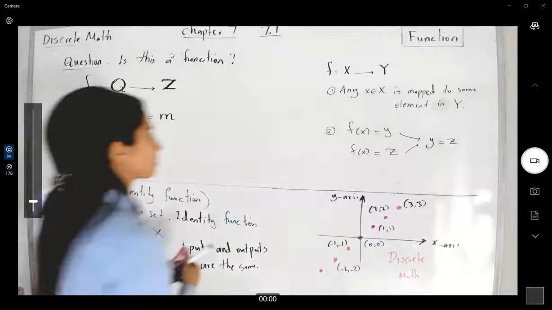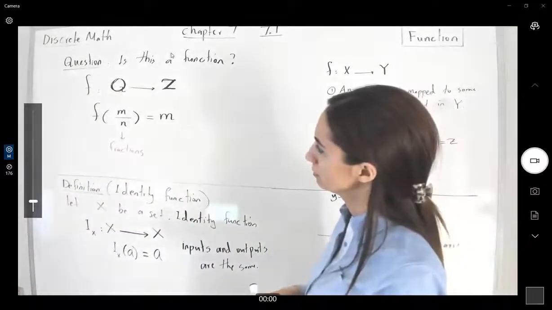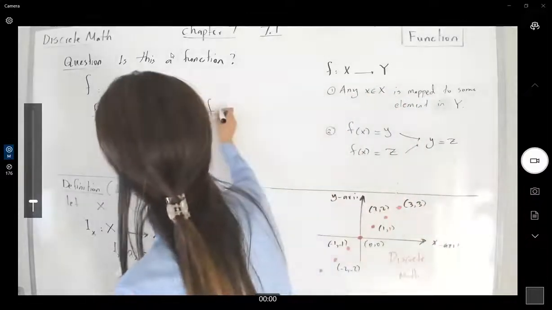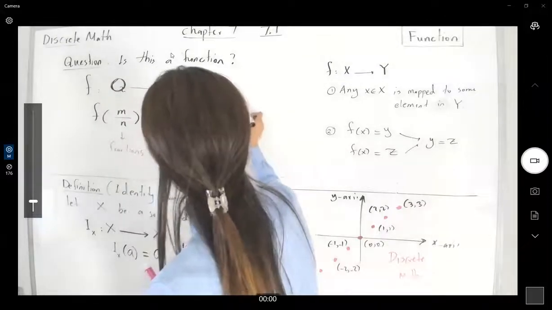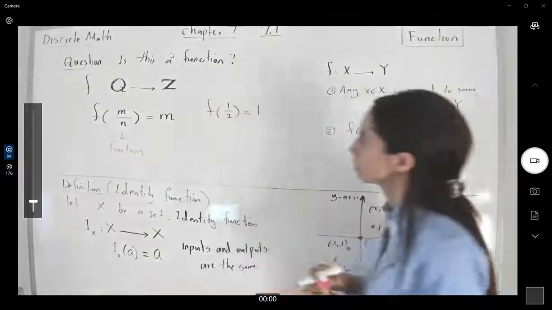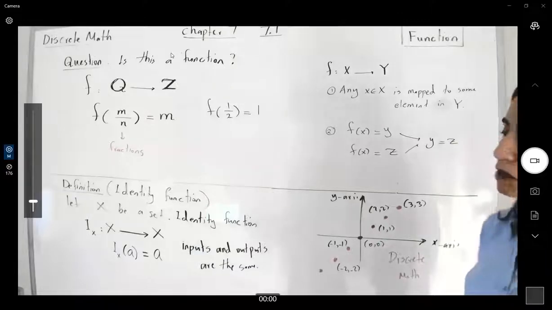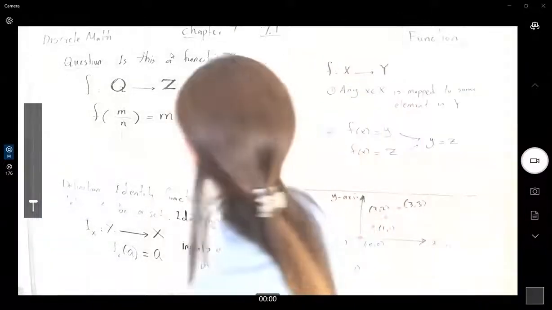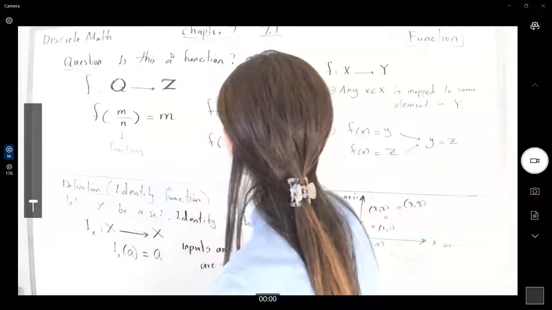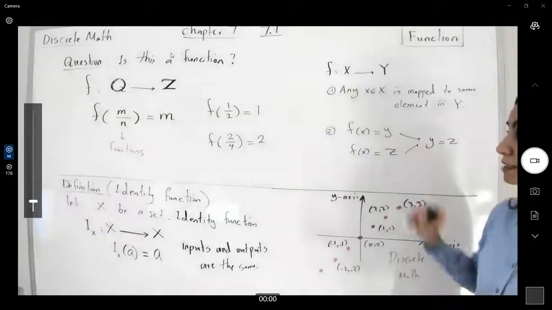So think about it this way. f of a half is equal to 1, right? Okay. What else do we have? Can I use f of 2/4, which is 2, then y and z?